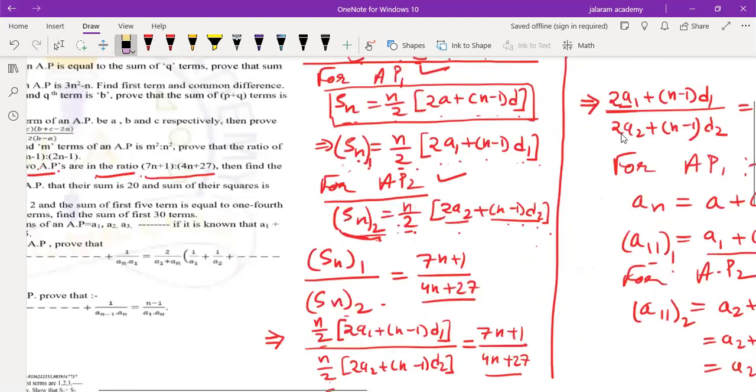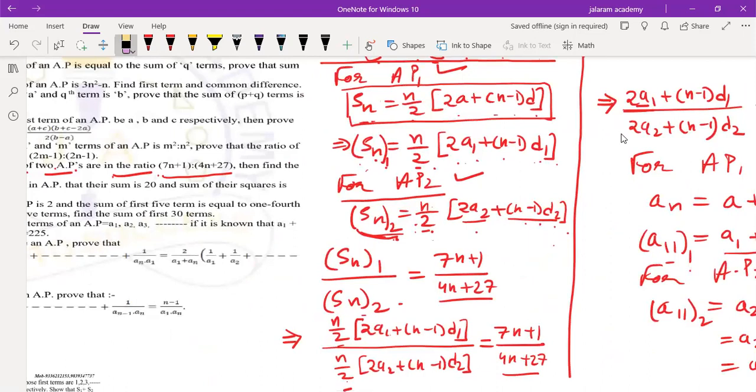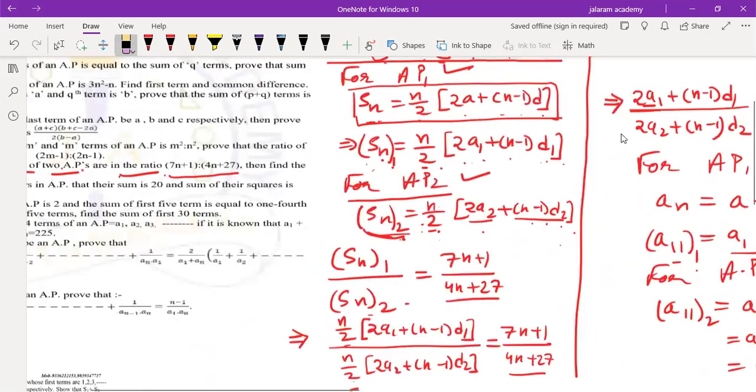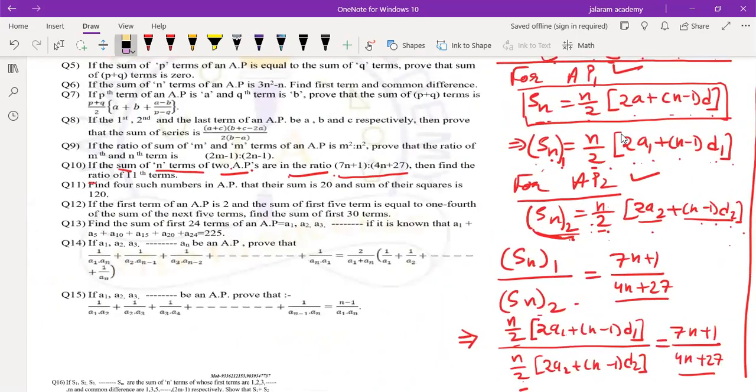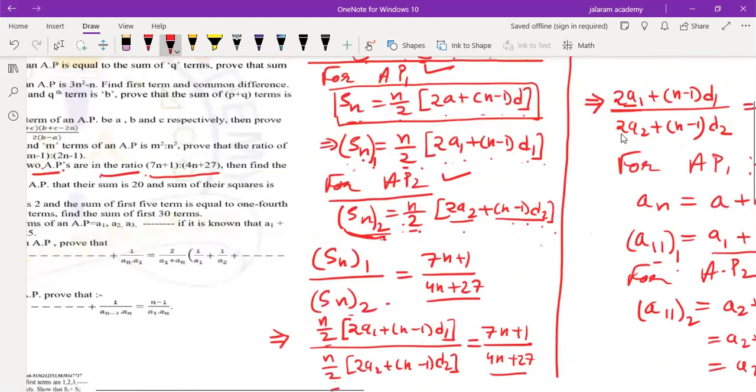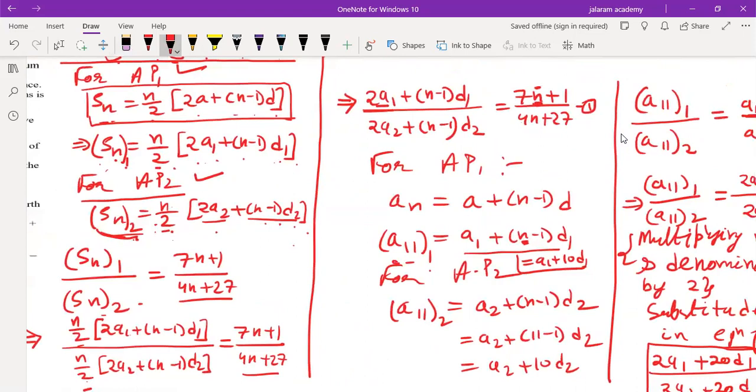Now read what we have to find. This is the condition which is given. So now we find the ratio of 11th terms. How to find the ratio of the 11th terms? First we write the 11th term of the first AP, which is a1 plus n minus 1 d1.